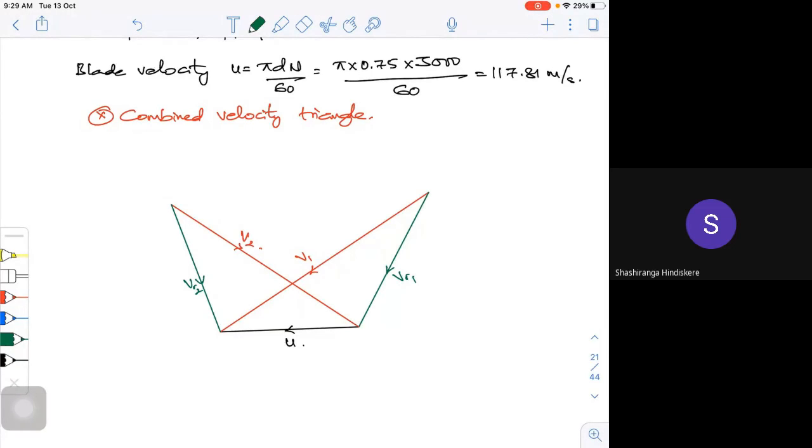And if I try to write the corresponding blade angles, let me complete the triangle.